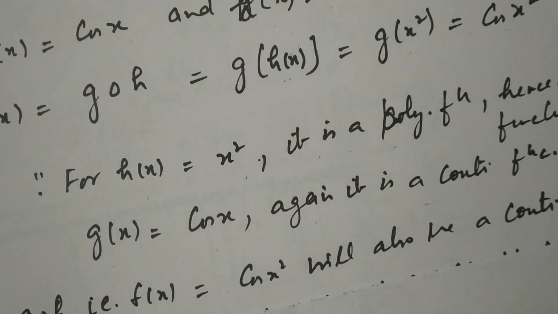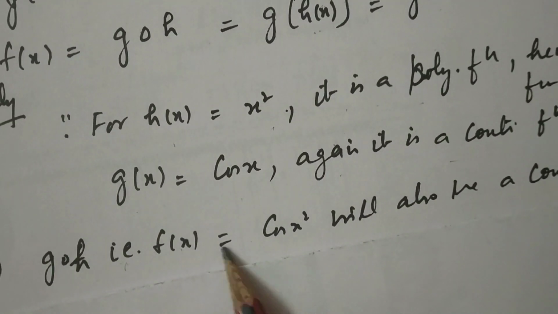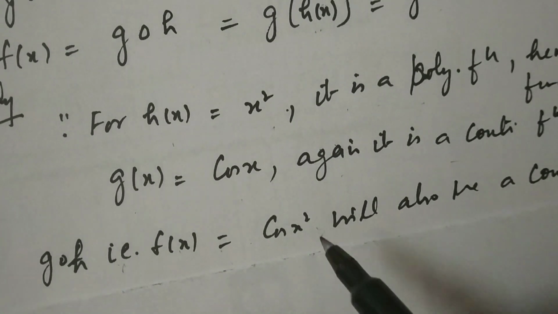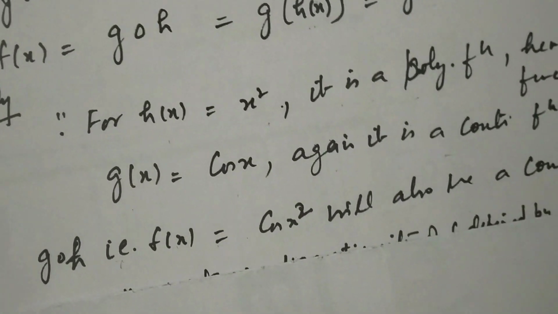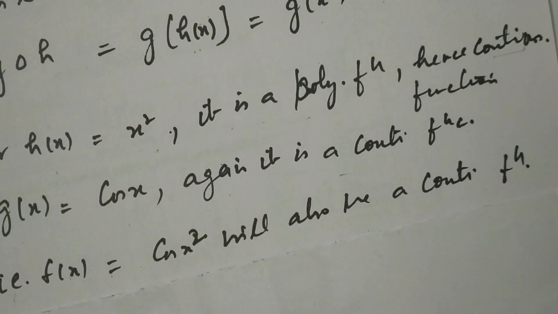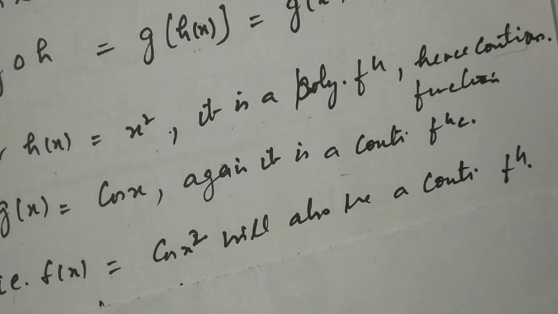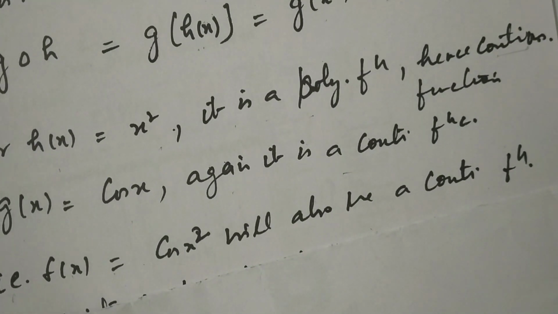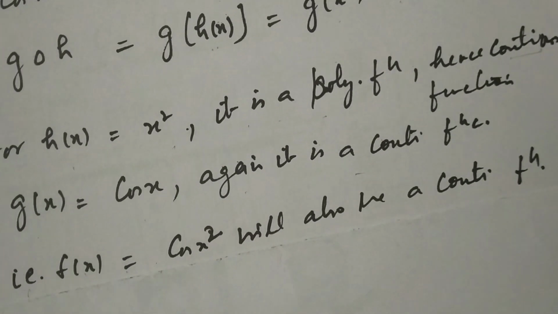Therefore g of h, that is f(x), which is equal to cos x square, will also be a continuous function. Hope you have understood how to solve problems based on composition of functions.